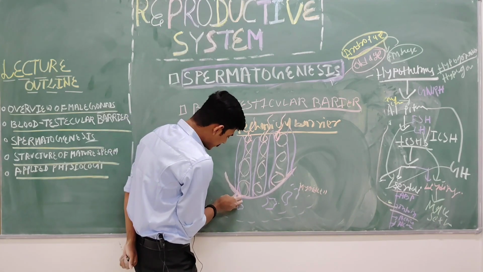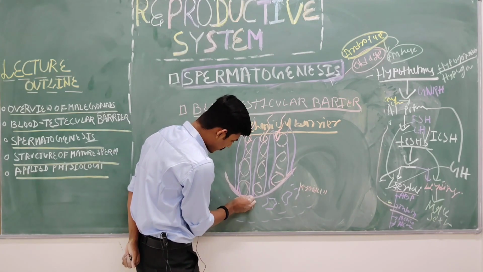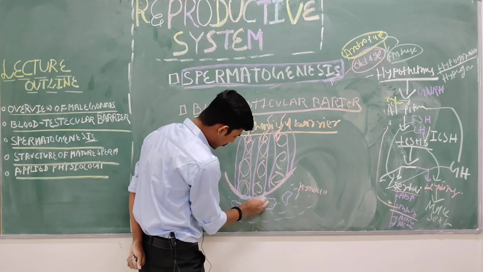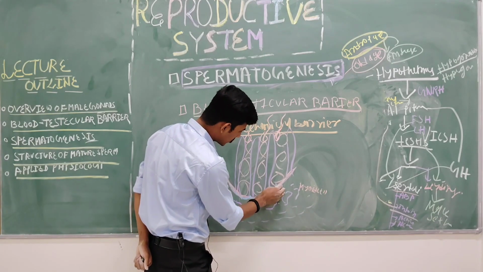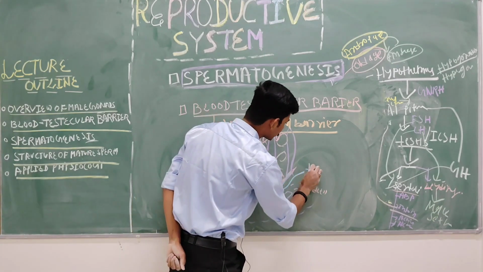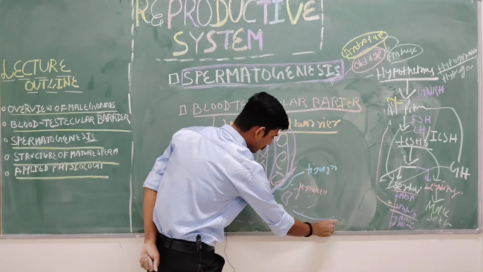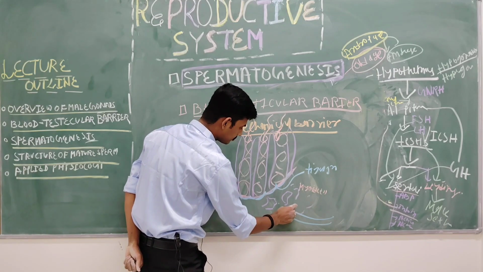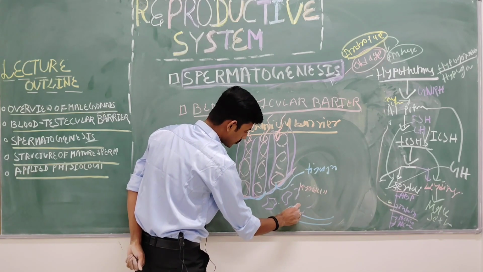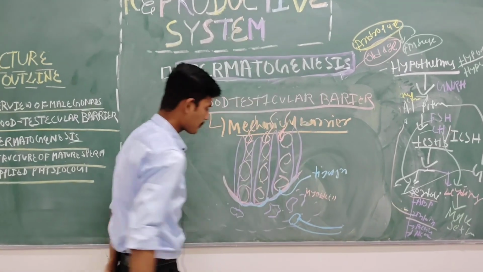And these Sertoli cells make one tight connection, a tight junction. These are the tight junctions. And here is your blood supply, the capillaries.